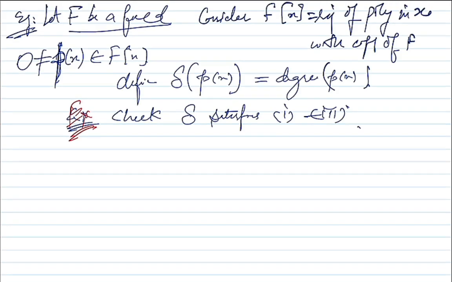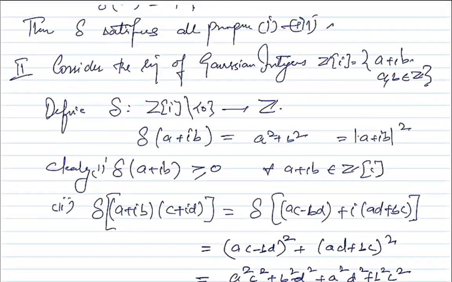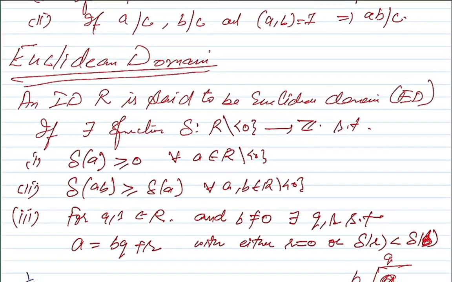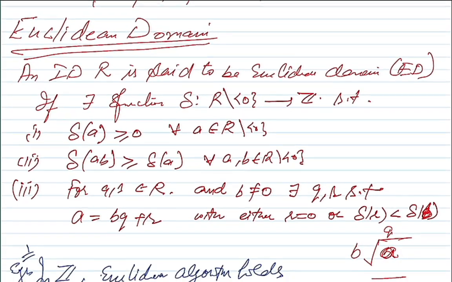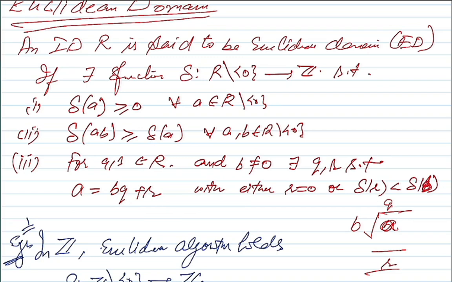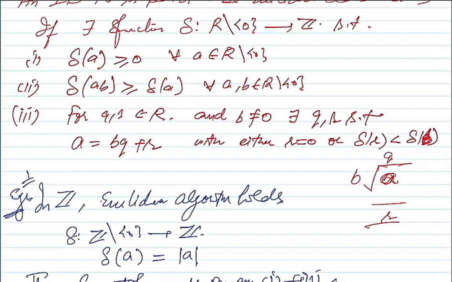Students, we were doing Euclidean spaces, and so let me tell you once again what a Euclidean domain is. An integral domain R is said to be a Euclidean domain if there exists a function delta which satisfies the Euclidean algorithm, which is the third point.